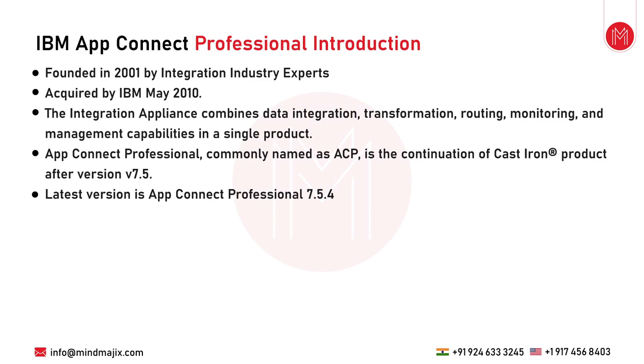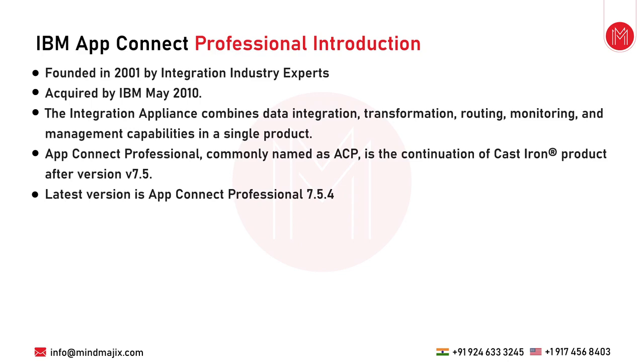Now about the IBM App Connect Professional introduction. Actually, for Cast Iron, there is one company called Cast Iron Systems. They developed this tool. It was founded in 2001 and acquired by IBM in 2010. This tool is mainly used for data integration, transformation, routing, monitoring, and management capabilities.